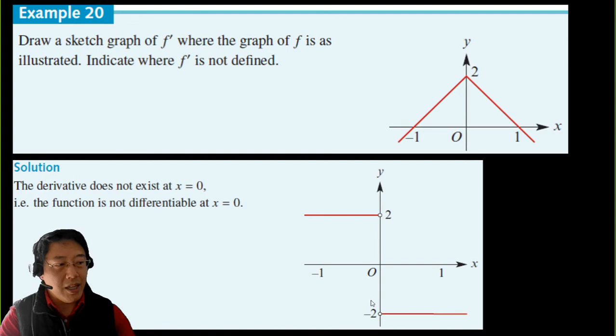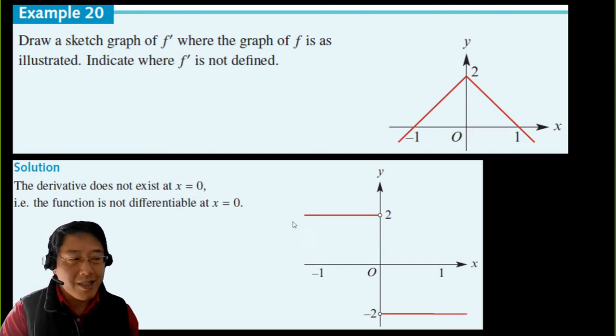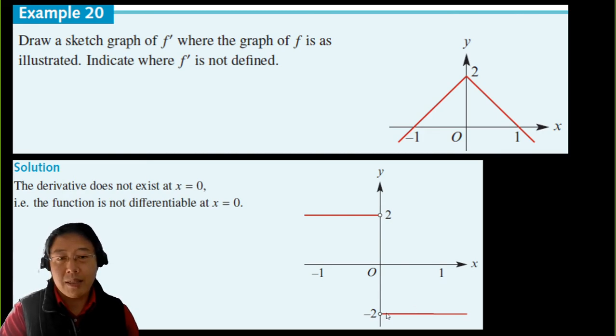Now 2 and negative 2 are not the same, so the derivative does not exist at x equals 0. To exist, from the left and the right, they must be the exact same value. As 2 and negative 2 are different, we can conclude the function is not differentiable at x equals 0.